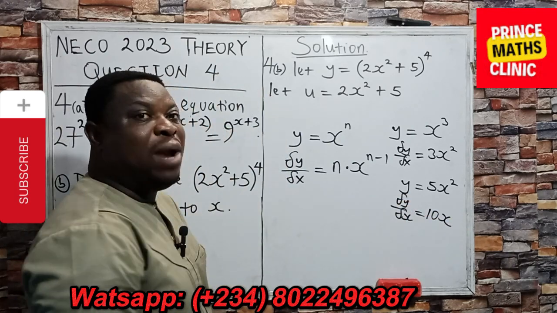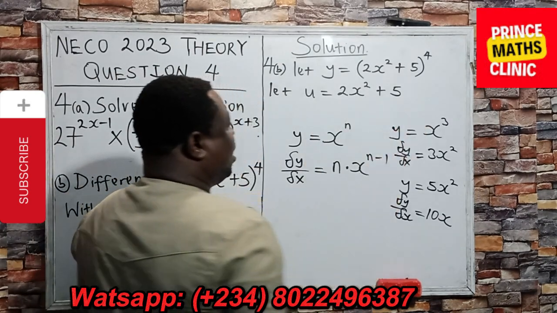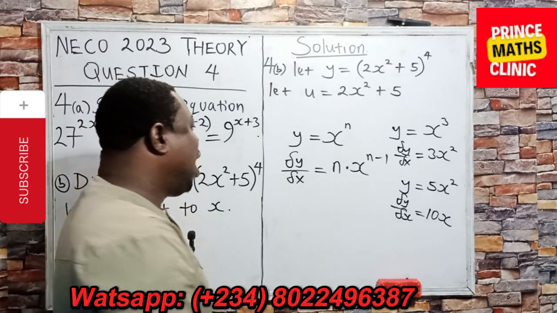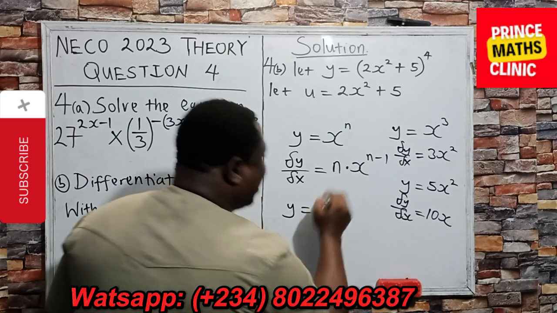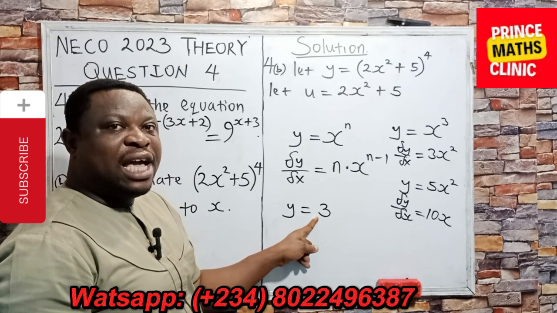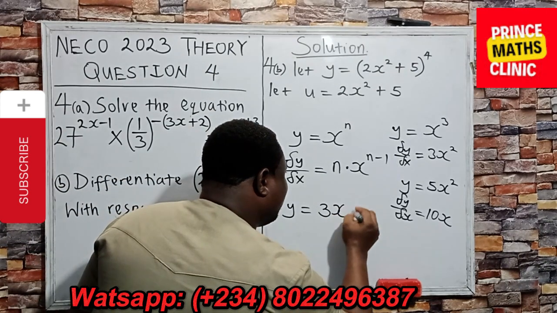So I'm going to apply that same principle here to differentiate what I have here. Then mind you, when you differentiate a constant, you are going to obtain 0. Why is it like that? Because, for instance, if you have y equal to ordinary 3, it means that this 3 here is the coefficient of x to the power of 0.